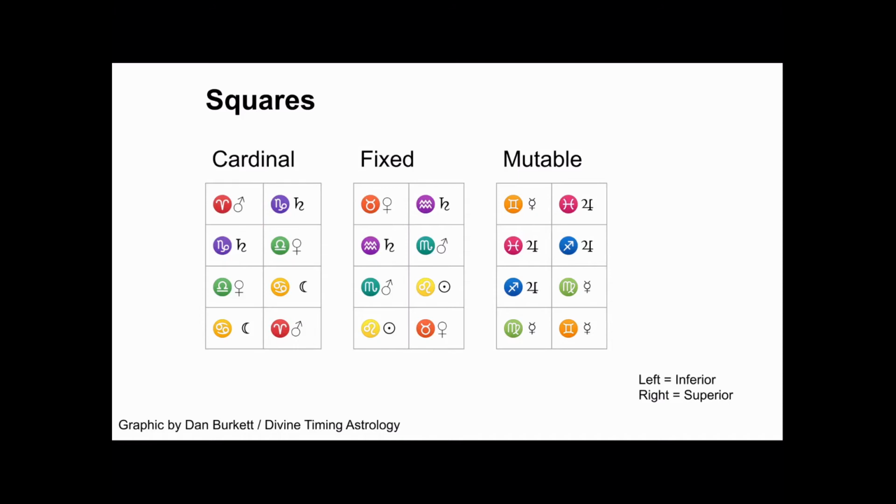So that's a first obvious difference. There's this interesting difference between mutable and cardinal and fixed. Cardinal and fixed are a little bit more similar to each other than the mutable ones. But let's look back to cardinal and fixed. Forget about mutable now. There's interesting stuff going on here.